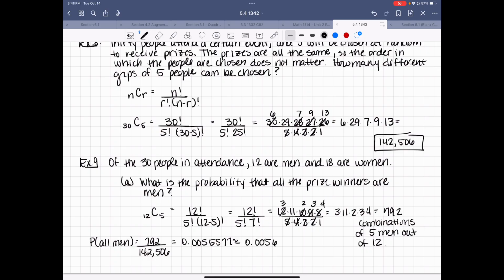Guys, that's less than a 1% chance that all 5 winners are men. That is A. Let's look at B.